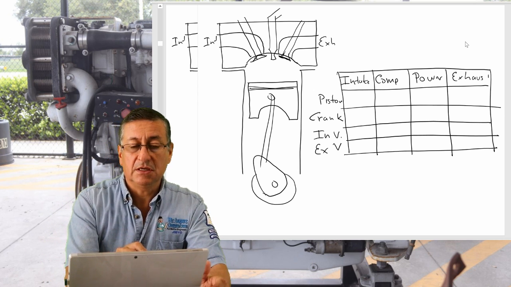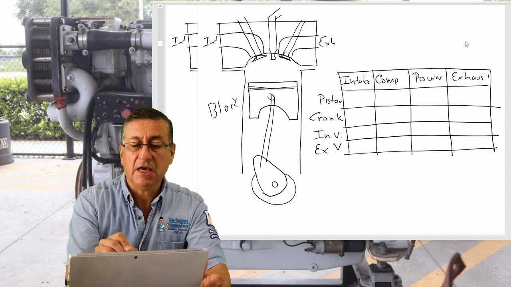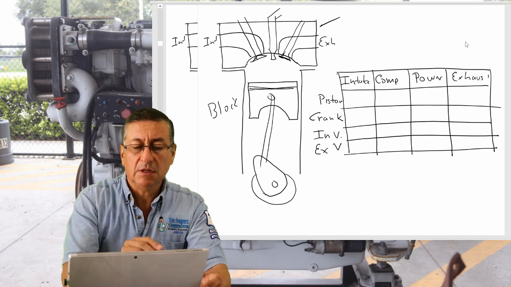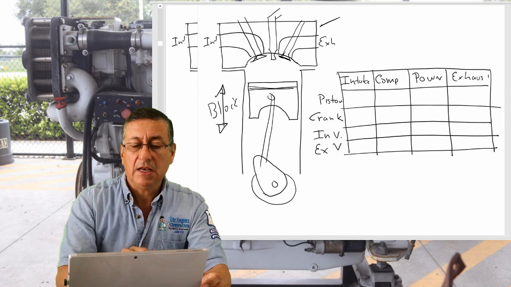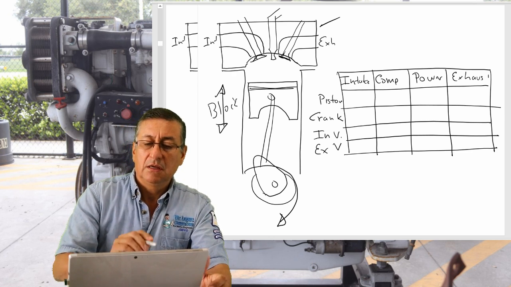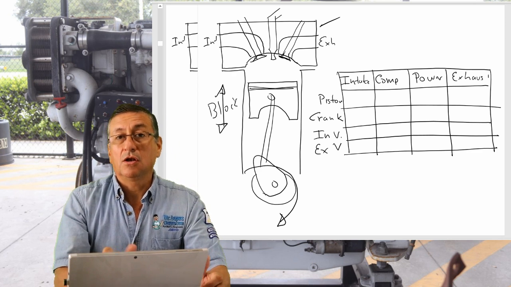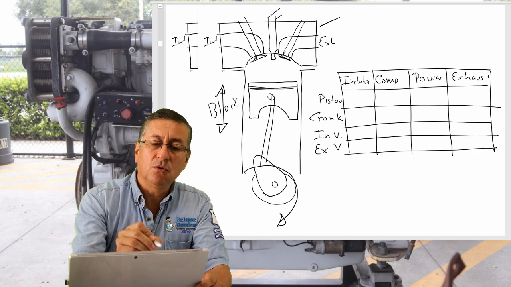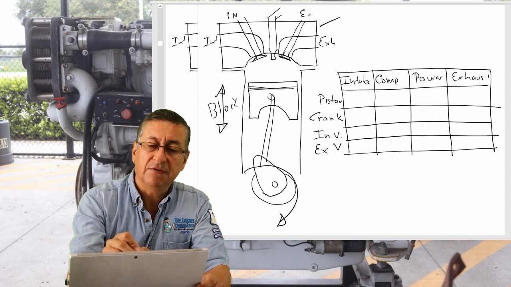This is the block. This is the head. The piston is moving up and down, and the crankshaft is rotating. In this particular example, we are going to suppose that it's rotating clockwise. All right, and those are the intake valves, and those are the exhaust valves.